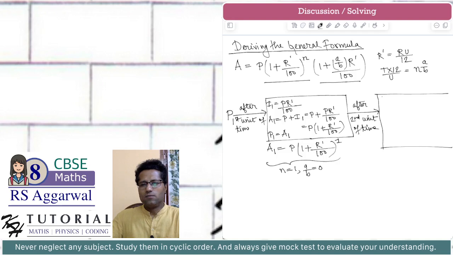So I2 will be equal to P1 R dash by 100, since the current principal will be the previous amount A1, that is P1.